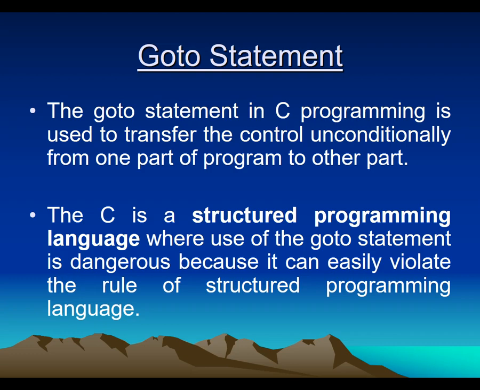The go to statement in C program is used to transfer the statement of program unconditionally from one part to another part. C is a structured programming language where the use of go to statement is dangerous because it can easily violate the rules and regulations of structured programming language.